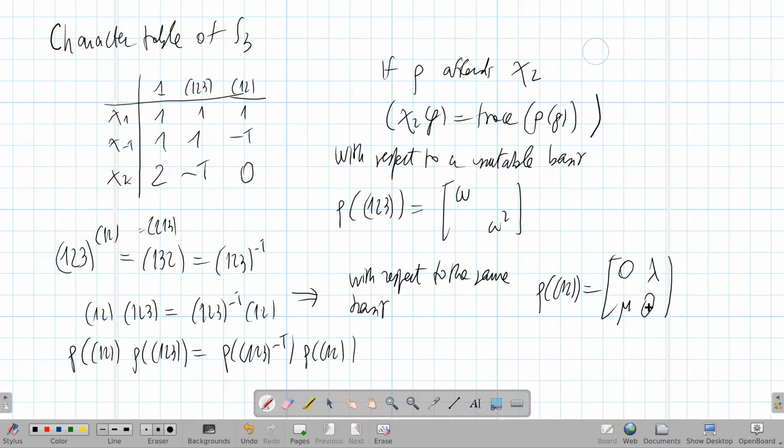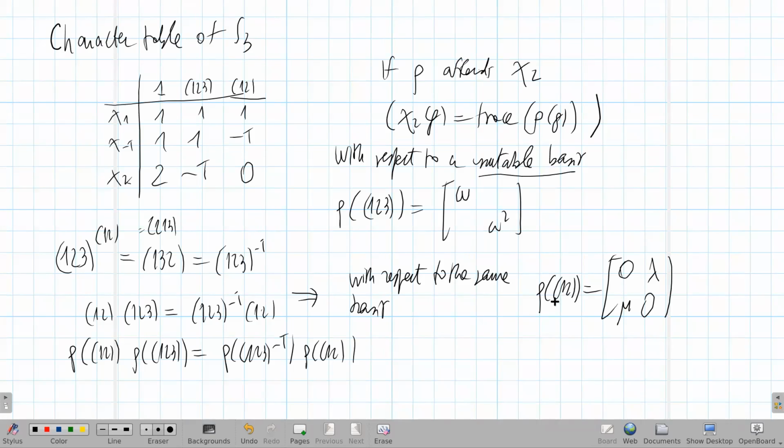Let's write the zeros here. So essentially what this relation tells you is that an eigenvector with respect to the eigenvalue omega is sent by this to an eigenvector with respect to the eigenvalue omega squared, and conversely, with respect to the same basis. So far, we have just chosen the basis like this.